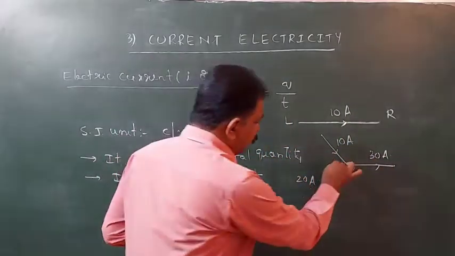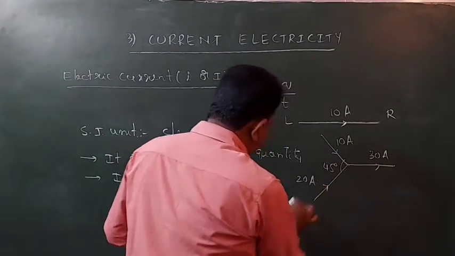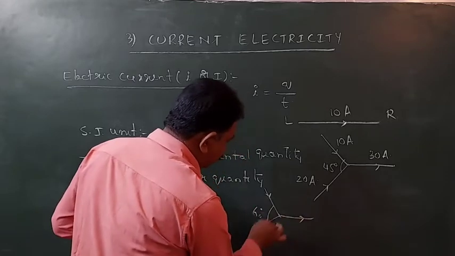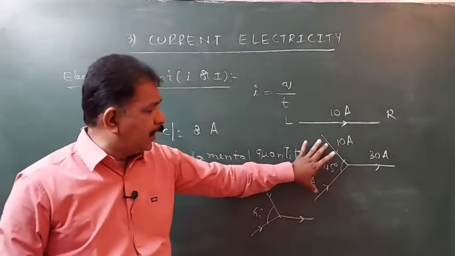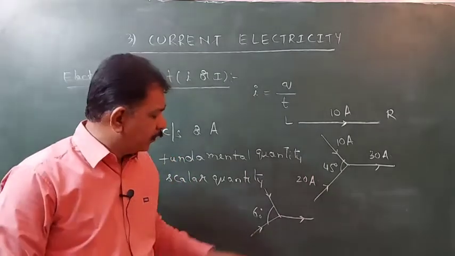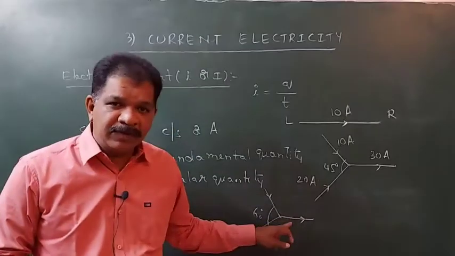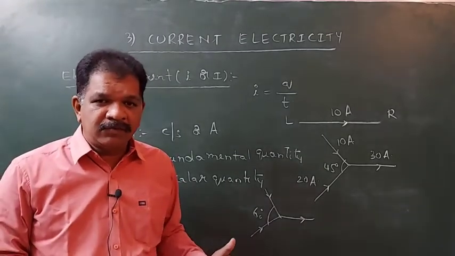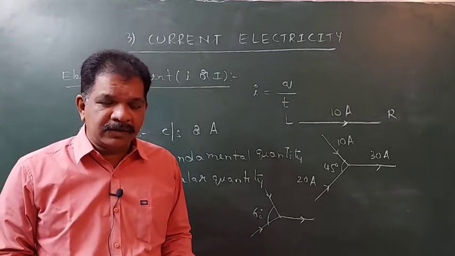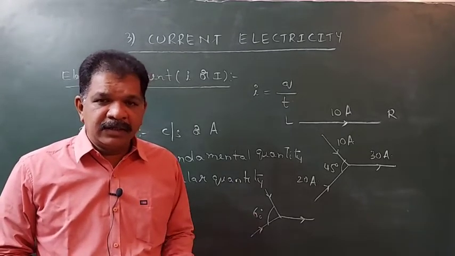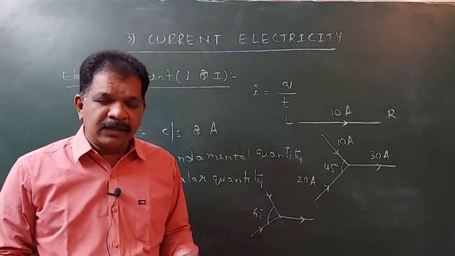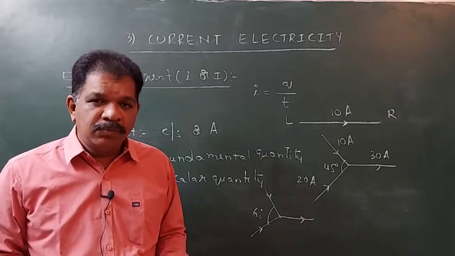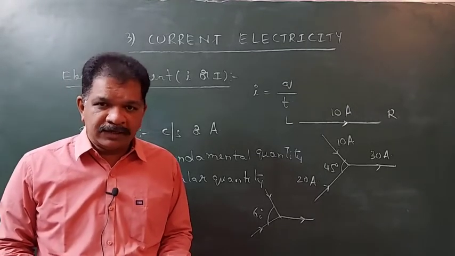Whether this angle is 45 degrees, 60 degrees, or 90 degrees, whatever the angle between the two wires may be, the current in this wire will always be equal to 30 amperes only, means it is not obeying the laws of vector addition. That's why we can consider electric current is a scalar quantity, though it is having both magnitude and direction.